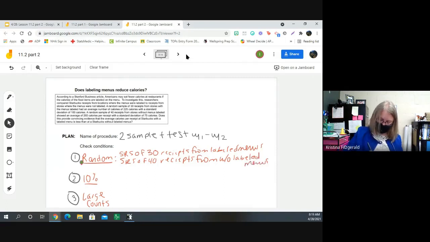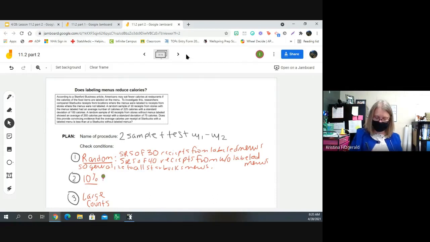So we can generalize to all Starbucks menus. Because we randomly sampled from Starbucks, we can say our findings, at least for Starbucks, I can't do Applebee's because I'm sure people eat fewer calories there now.